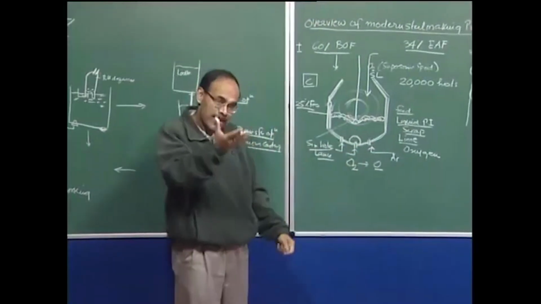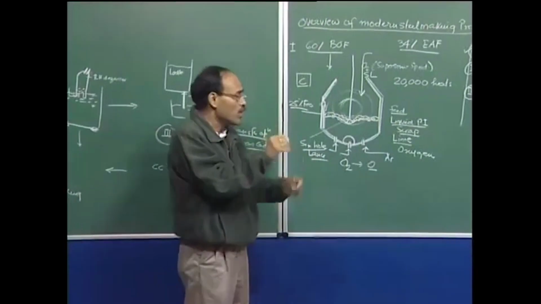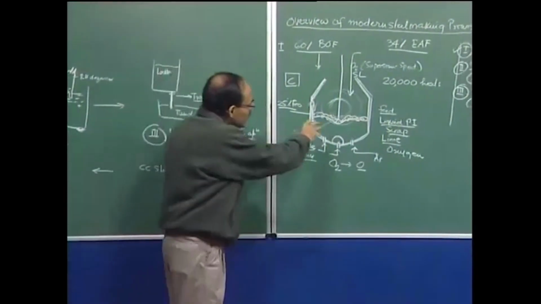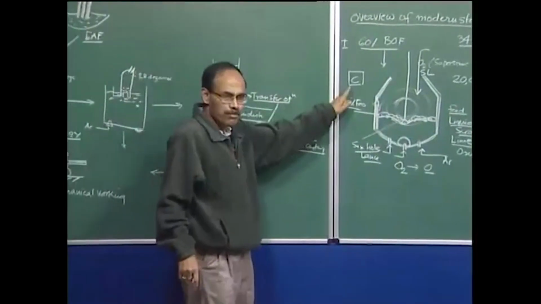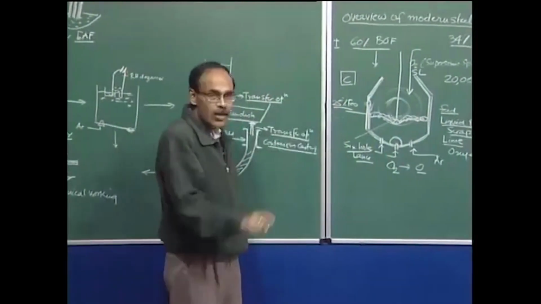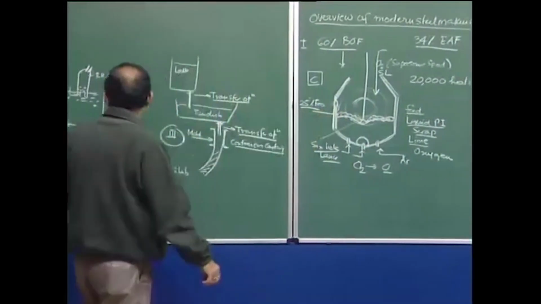Based on that we fine tune the final stages of the blow, introduce the requisite amount of oxygen, and then get the final composition of the melt, primarily in terms of carbon.